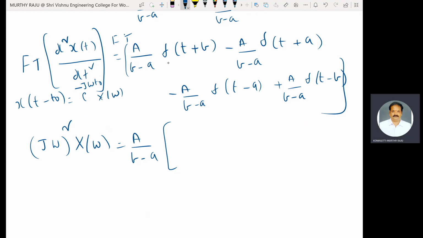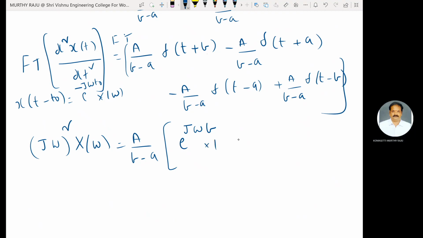Here, this is the impulse function shifted by the value plus b, a left shift. Therefore, e power plus j omega b, where the minus sign is replaced with plus. The shifted value t naught is b. The Fourier transform of dou of t is 1.